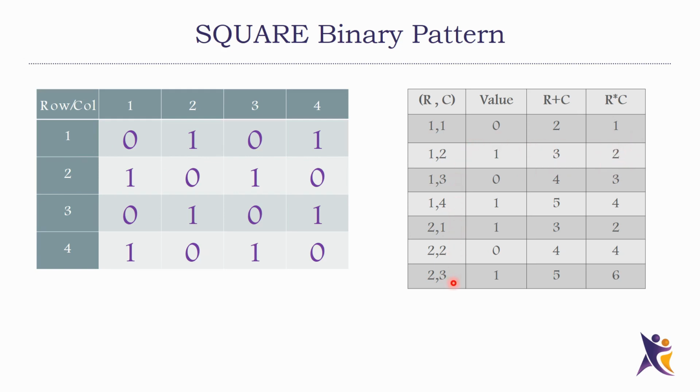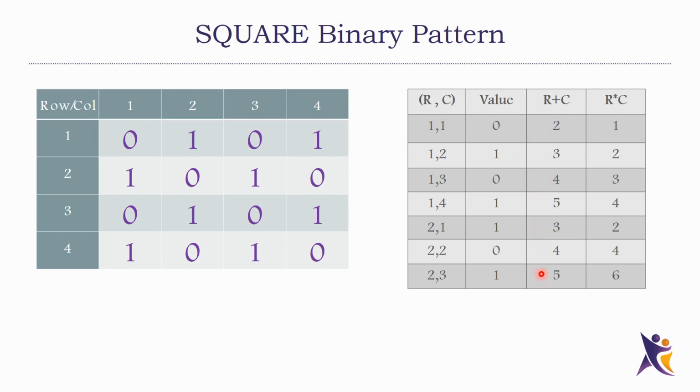One thing you can observe: take all the zeros. Here the addition is 2 and the multiplication is 1. Here 4 3, 4 4. So multiplication doesn't have any property, but if you closely look at the addition, it is 2, 4, 4. For the ones, it is 3, 5, again 3, again 5.